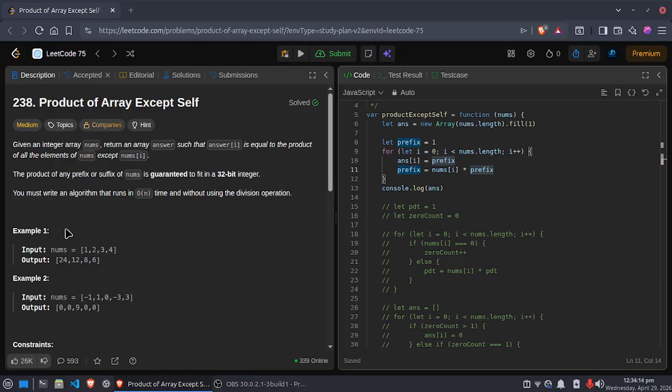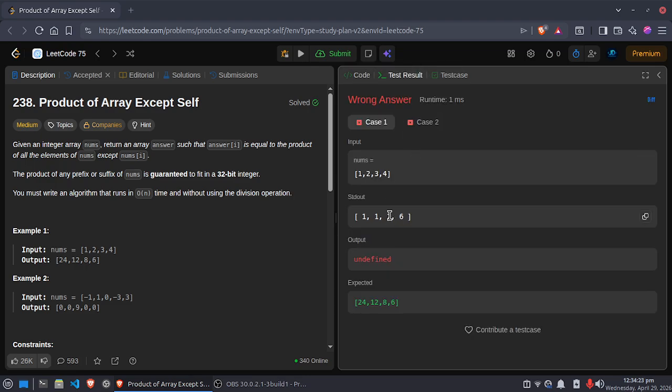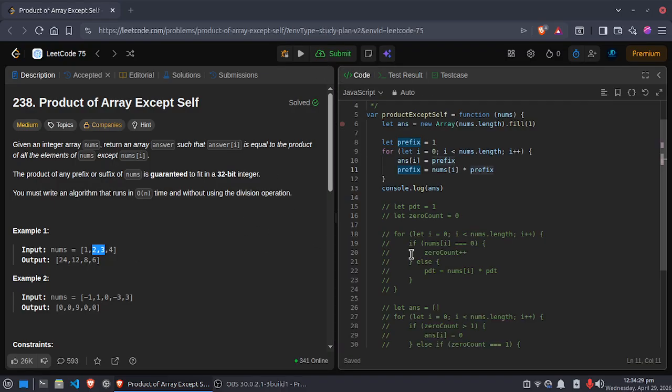At the second index nums of i is 2, so prefix is 2, and I get 2 at this index. Now 2 multiply 3, I get 6 at the third index. That is what I get in the prefix array.